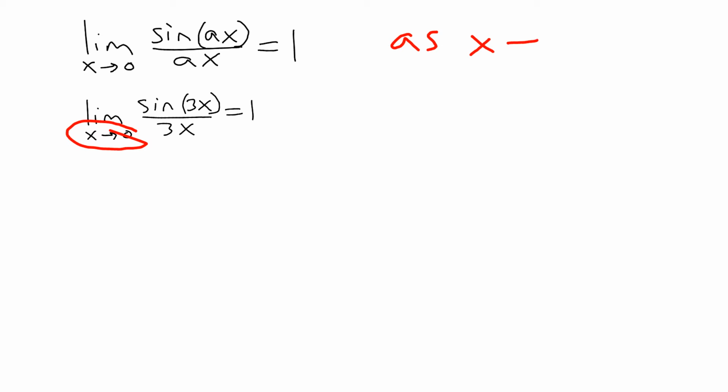And as x approaches 0, if a is any number, then a times x also approaches 0. And so basically we can do a substitution and input the ax, which is going to 0 here. The denominator is also going to 0, and we can use our original rule to convince ourselves that this other rule, the slightly more general rule, is also true and is something that we can use.